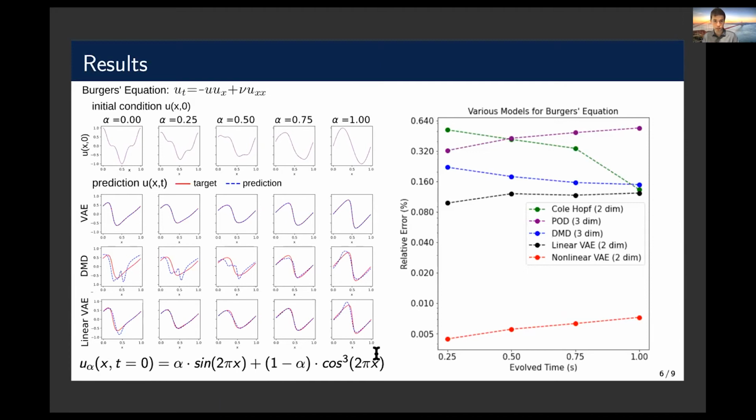And then additionally, these solutions will evolve forward in time. So all of the training data that our model will ever encounter will always be spanned by two latent dimensions: the first being alpha, and the second being time.